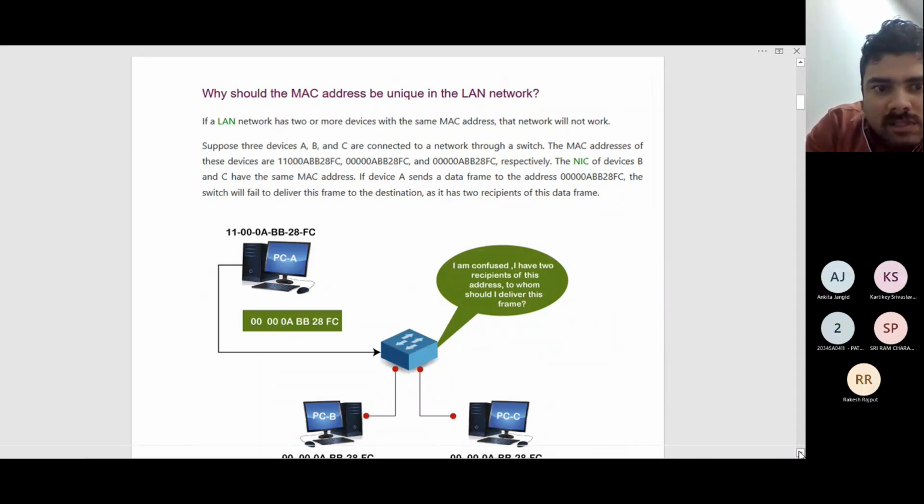The NICs of devices B and C have the same MAC address. If a device sends a data frame to the address 0000ABB28FC, see, the 28FC and 28FC is the same MAC address.